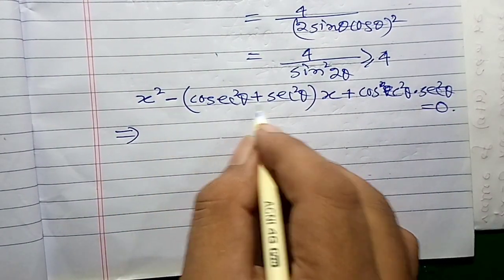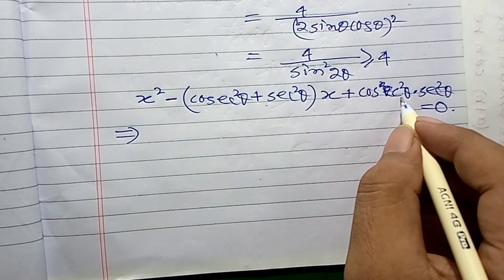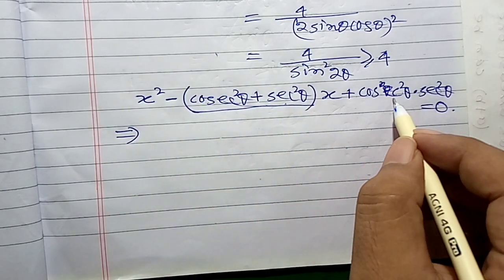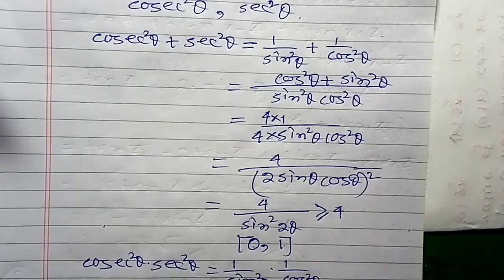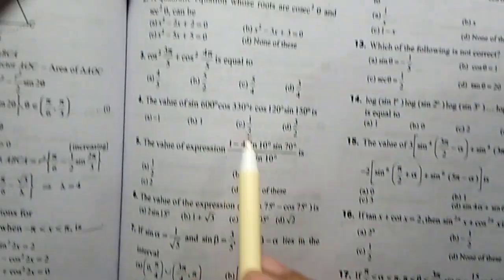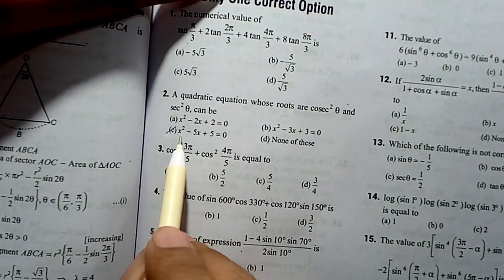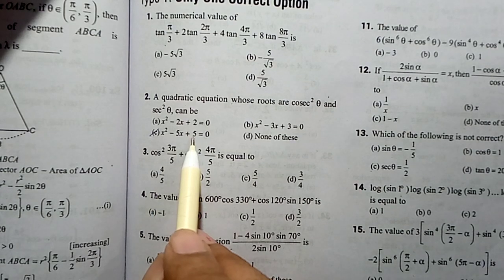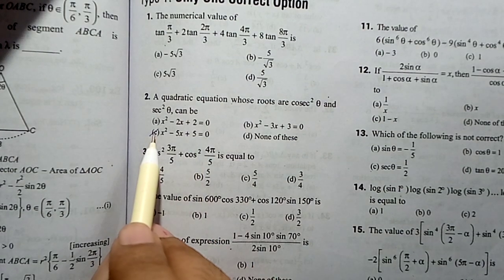Now here the sum is greater than equal to 4 and here the product is greater than equal to 4. Now look at the options. Here only C is a possible answer because the sum is greater than 4 and the multiplication is also greater than 4. So C will be the correct answer.